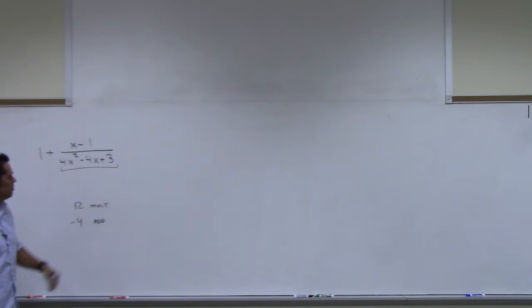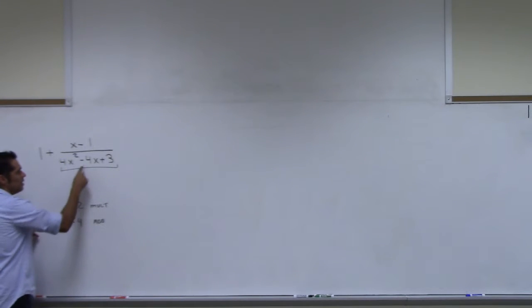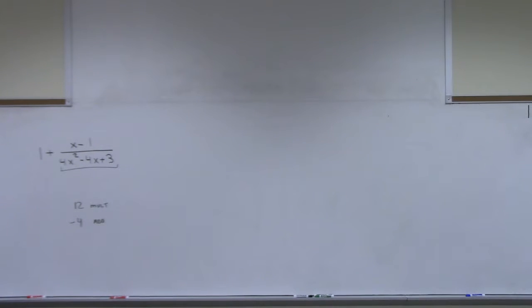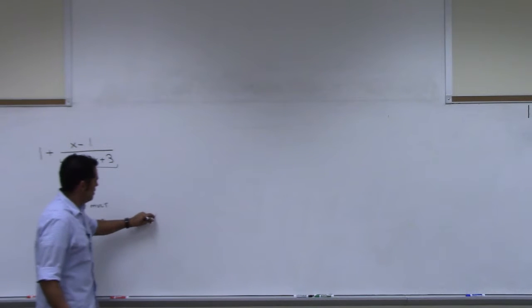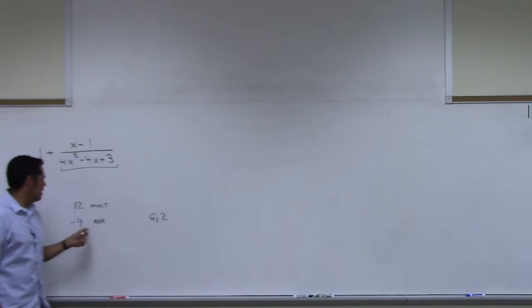I'm using what would be considered the AC method, multiplying 4 times 3 and getting 12, and then looking at the coefficient of the middle term. So can you think of two numbers that multiply to be 12 and add up to be -4? 6 and 2? Well, no, because if they're both positive, then they're not going to add up to be -4.